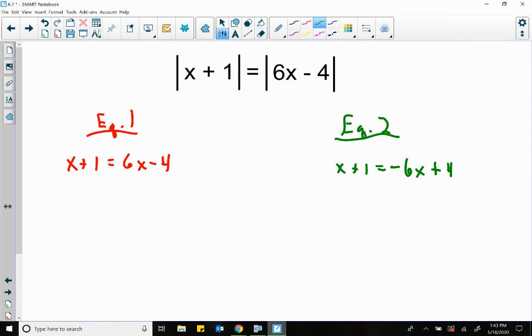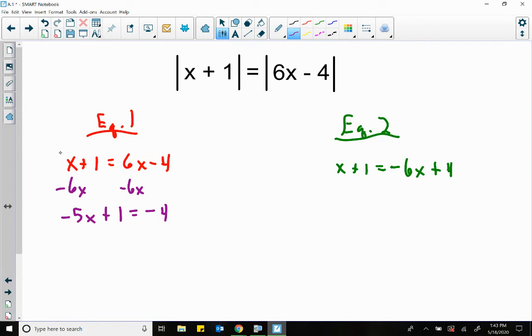Okay, so over here, all we're going to do is move this 6x to the left side. I always like to move the variables on the left side. Subtract 6x, subtract 6x. It gives me negative 5x plus 1 equal to negative 4.